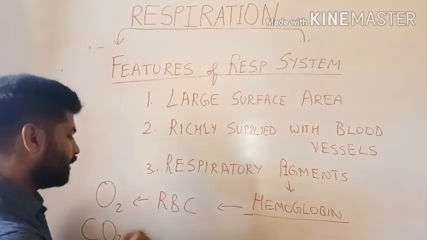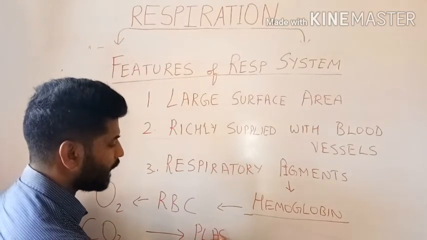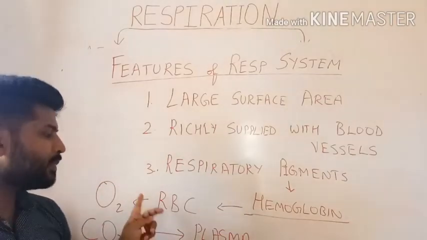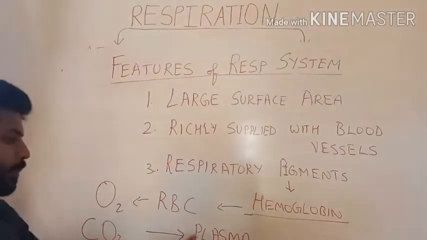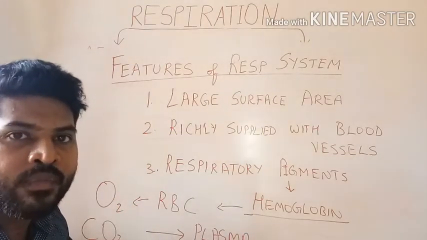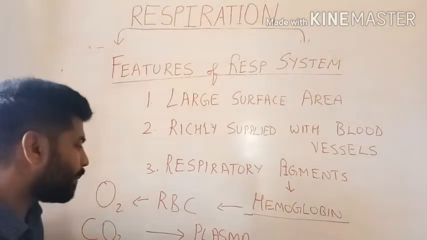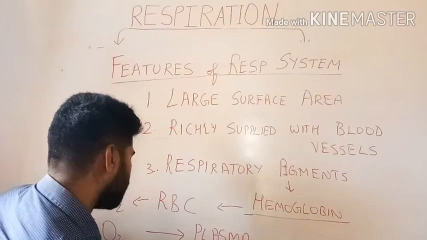This carbon dioxide is transported by the plasma of blood. So RBC present in the blood will transport oxygen, whereas the plasma, that is the liquid portion of the blood, will transport carbon dioxide, because carbon dioxide will easily dissolve in plasma.